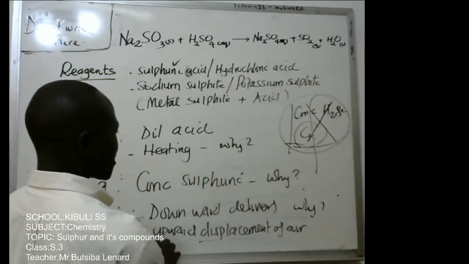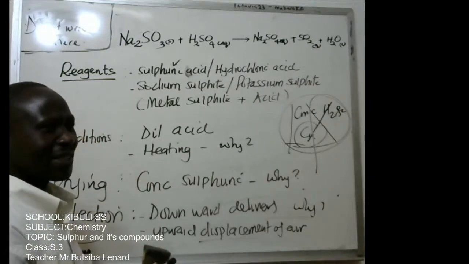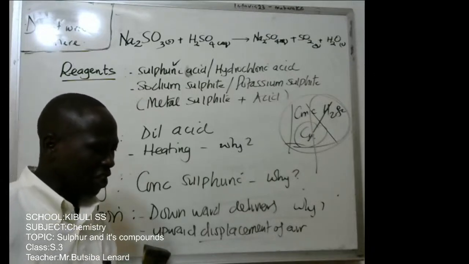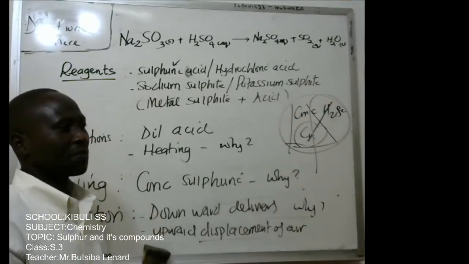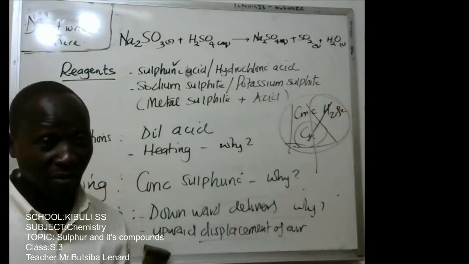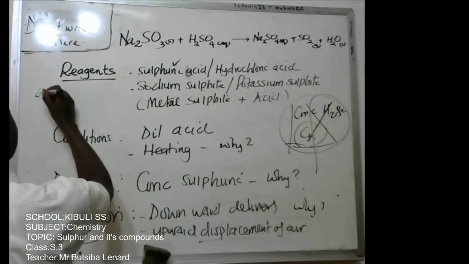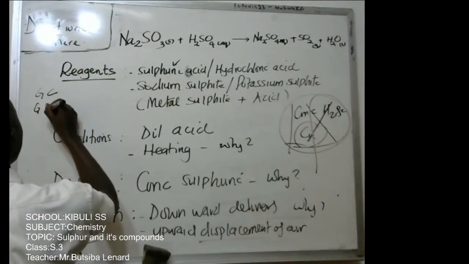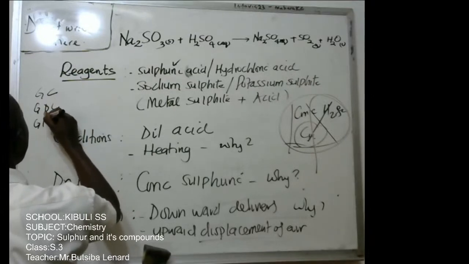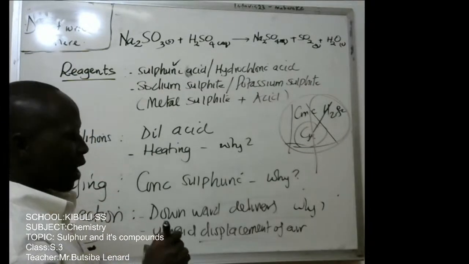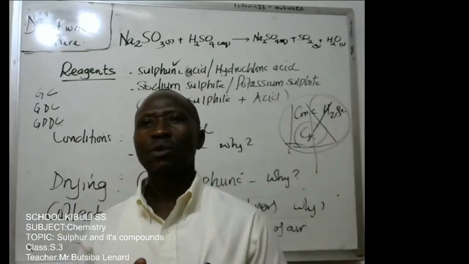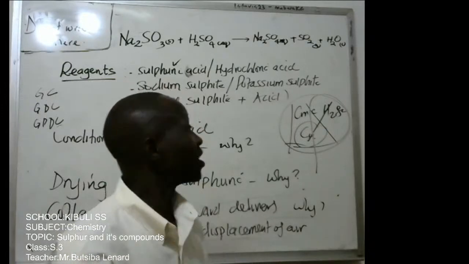So what type of gas is this? Is it a GC, GDC, GPDC? I've used those terms over and over. What type of gas is this? Is it a GC? No. What is GC?